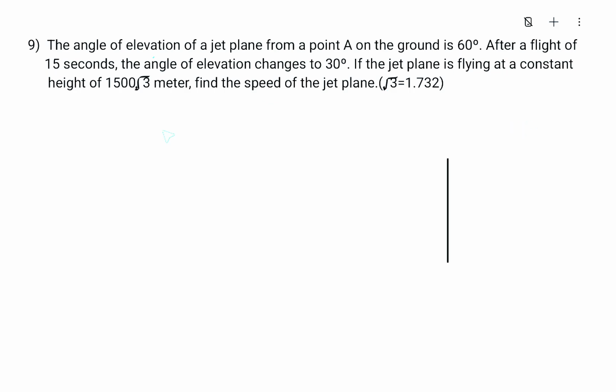Now draw a figure. The flight is flying at the height of 1500 root 3 meters. Here the flight is flying. Now the angle of elevation with the ground is 60 degrees.